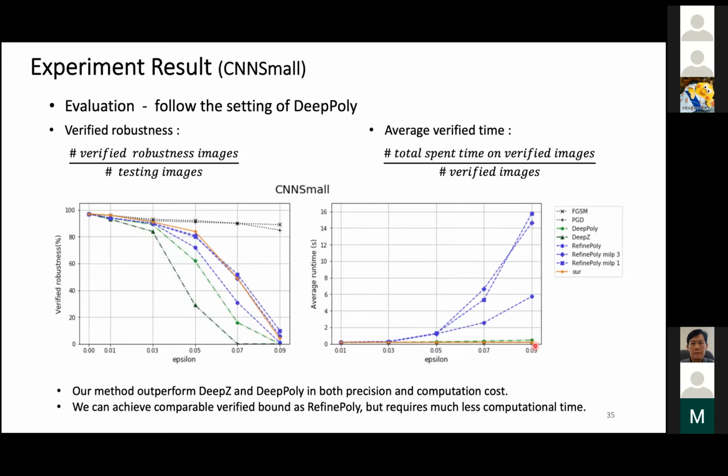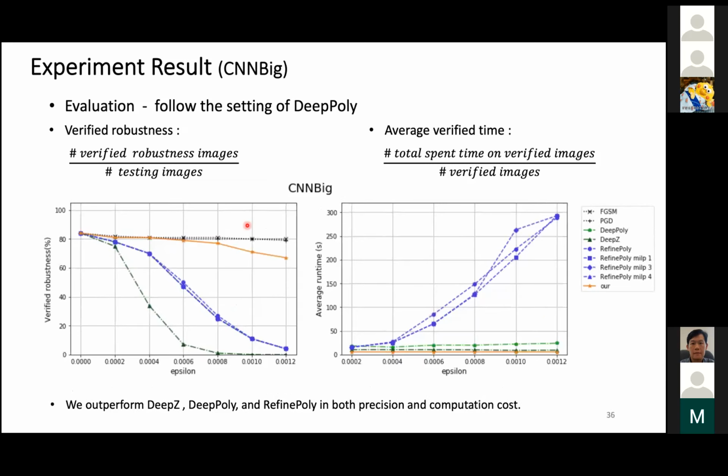So we can conclude that we can achieve a comparable verified bound as RefinePoly, but we just require much less computation time here. And our method outperforms DeepZ and DeepPoly in both precision and computation cost.